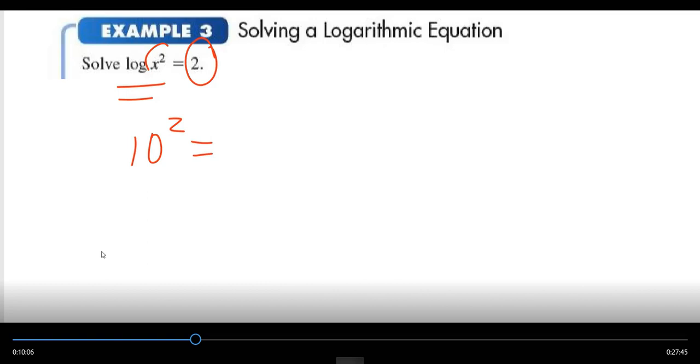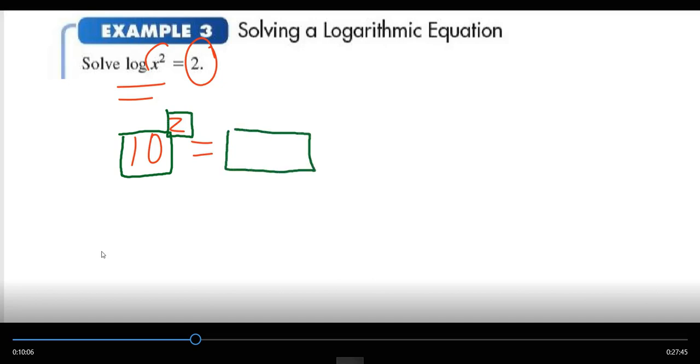We've talked about this enough. You've got to be able to identify these parts as you go through. Your base, your exponent. Remember, a logarithm means exponent. I'm trying to drill that into your brain.